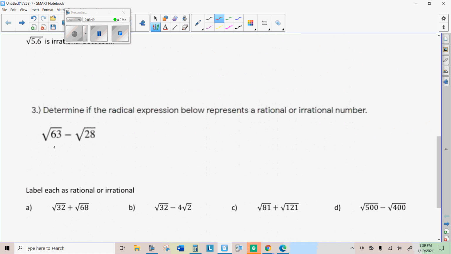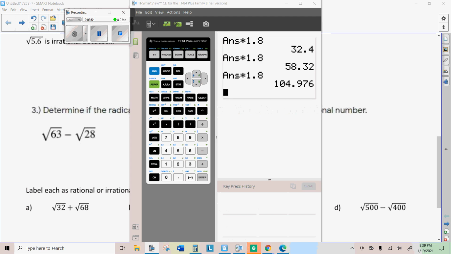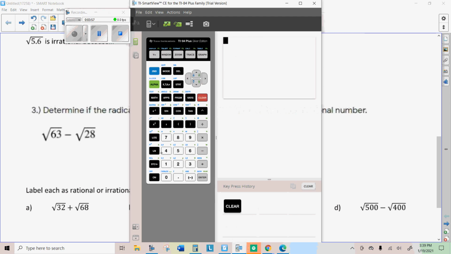All right, let's do the square root of 63 minus the square root of 28. I'm going to use my other calculator for that. All right, so the square root of 63. The reason I'm using this calculator is so I can show you this. If you don't press the right arrow right now, it'll be stuck under the square root and you won't get this expression, so be careful of that.